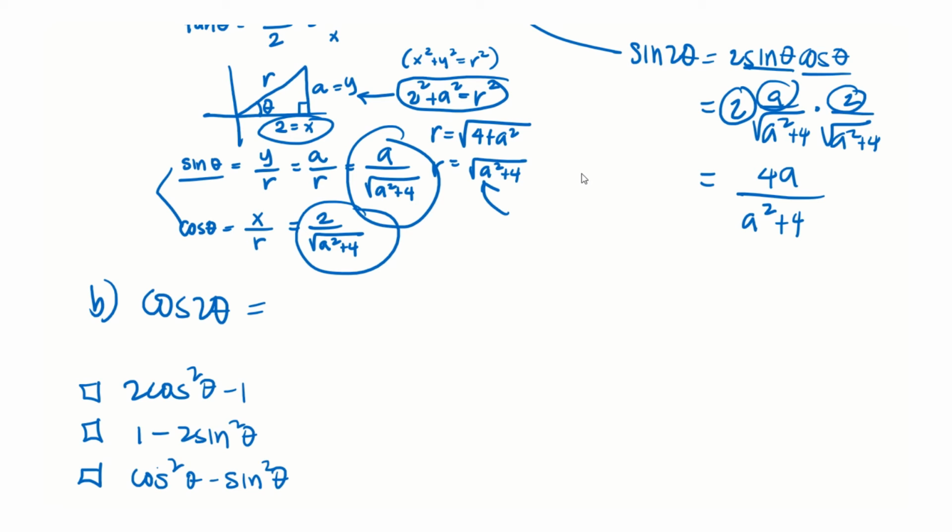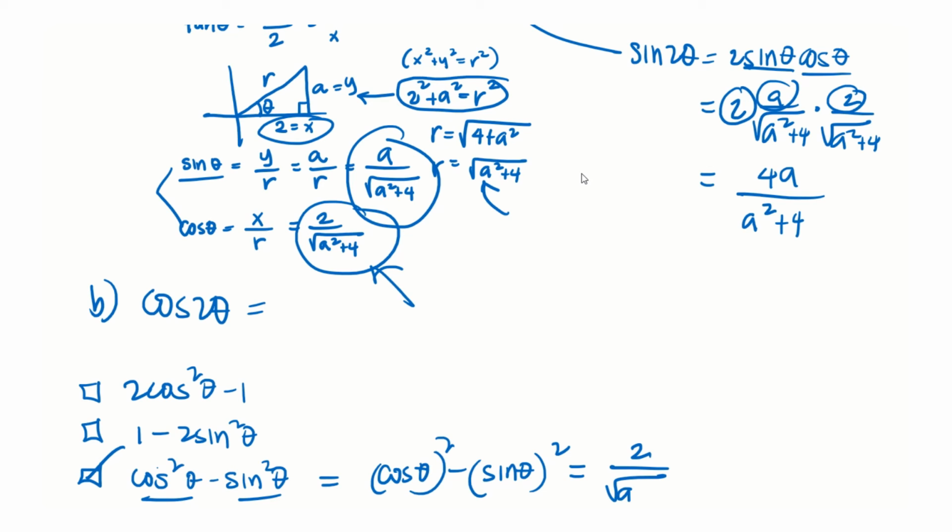Let's select the third one because we have cosine and sine. Take note, this means cosine theta squared minus sine theta squared. So again, simply place the cosine theta and sine theta in this expression. Cosine is, as we know from our manipulation, 2 over the square root of a squared plus 4, and you have to square that, minus our sine, which is a over the square root of a squared plus 4.